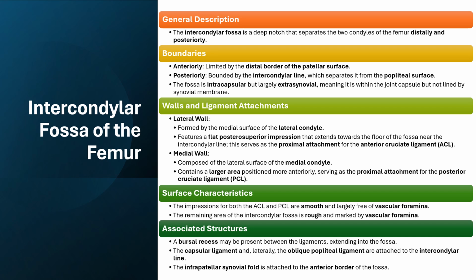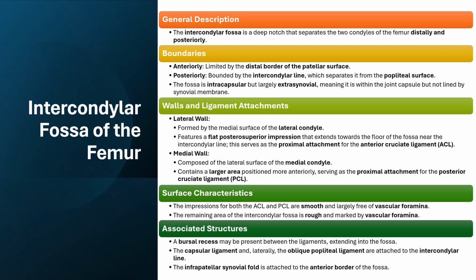This contains a large area positioned more anteriorly, serving as the proximal attachment for the posterior cruciate ligament. Surface characteristics: the impressions for both the ACL and the PCL are smooth and largely free of vascular foramina. The remaining area of the intercondylar fossa is rough and marked by vascular foramina.